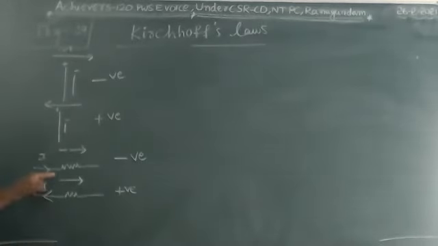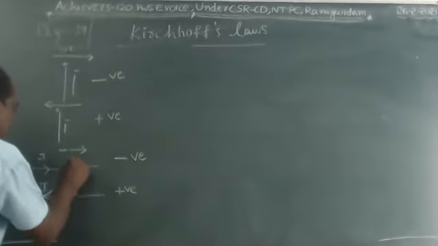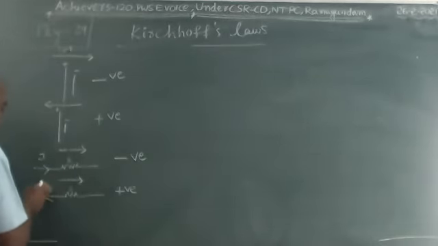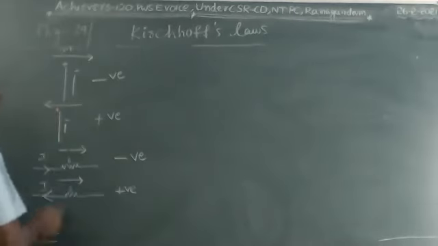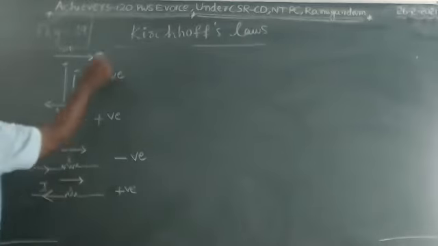Here it is the potential difference. If the potential difference is opposite to the current direction, then the resistance value, this IR value, is taken as a positive because this is the potential difference. What is the formula of potential difference according to Ohm's law?